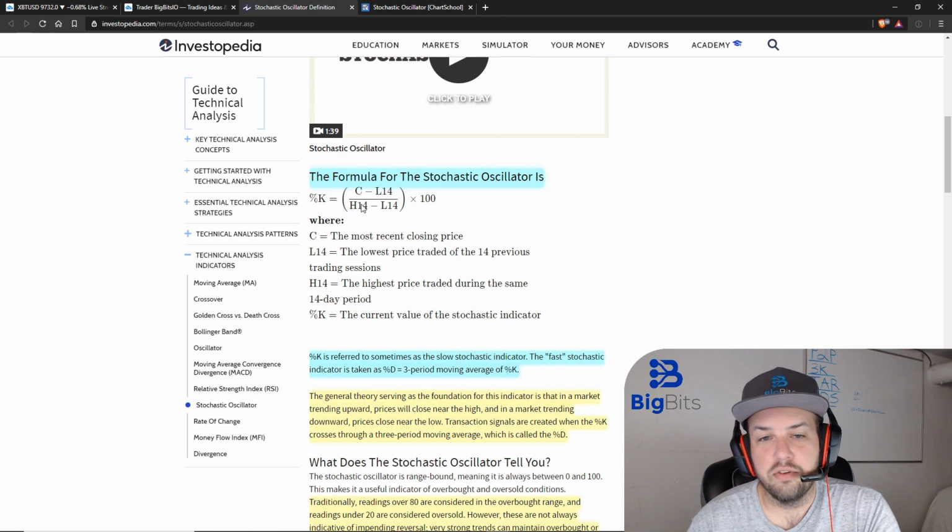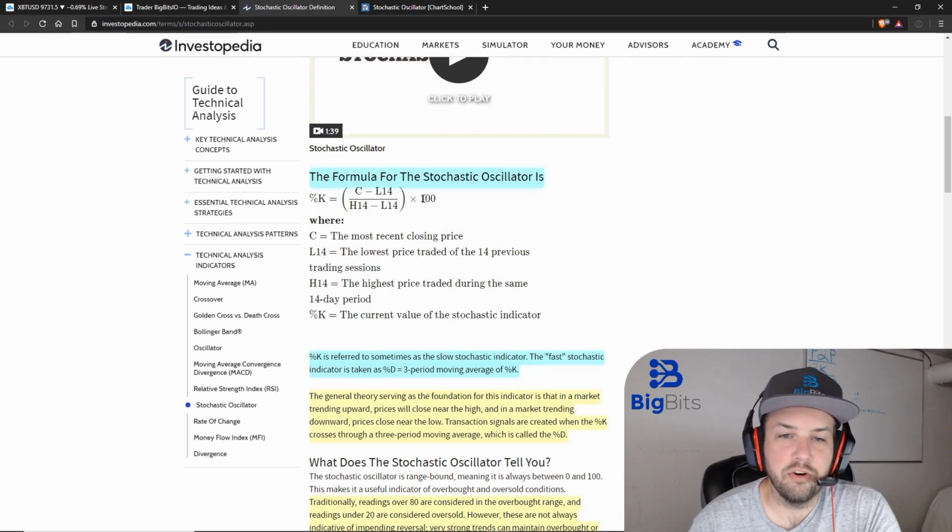So you're taking the range of the last 14 candles, from the highest value to the lowest value, and you are taking the range from the current value down to the lowest value, dividing that, and then multiplying it by 100 to get a more readable percentage value.